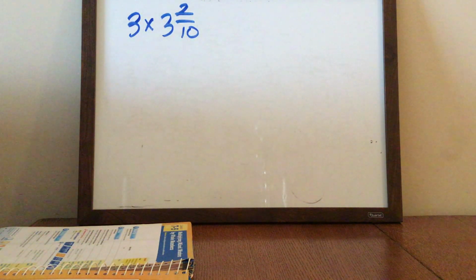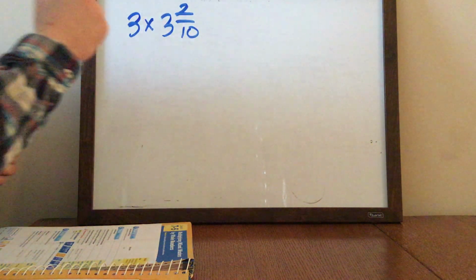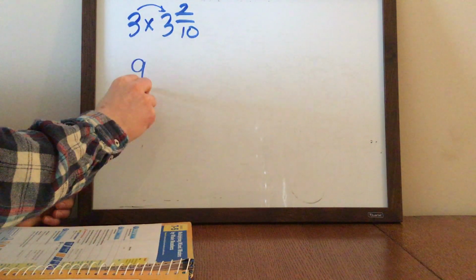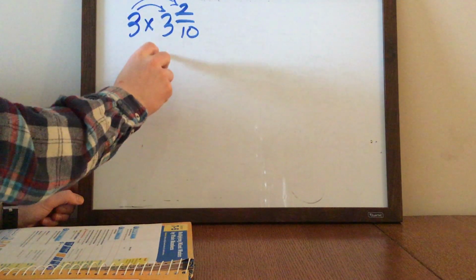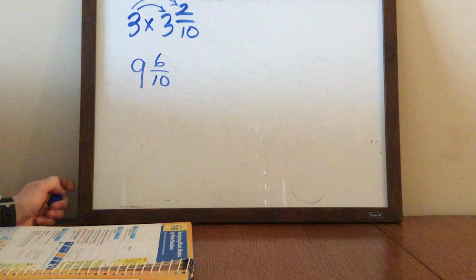I'll do one of these ways, repeated addition, and the other one multiplication. Let's do this one multiplication. Here we go. 3 times 3 is 9. And 3 times 2/10 would give me 6/10. Done. 9 and 6/10.